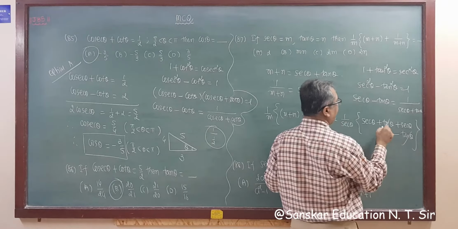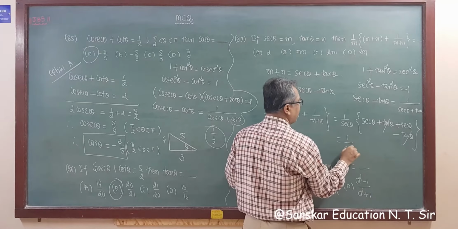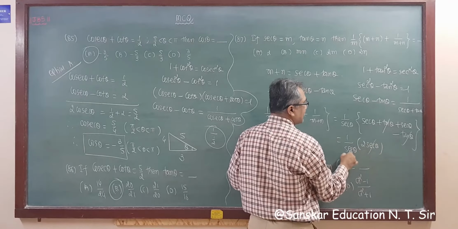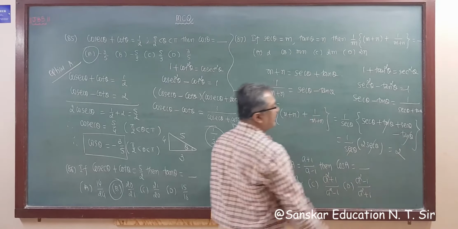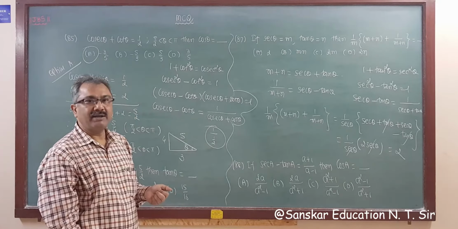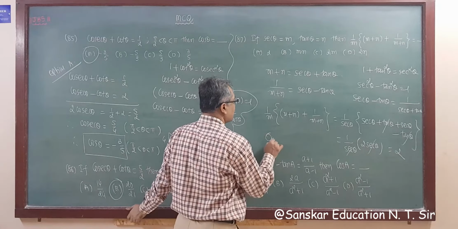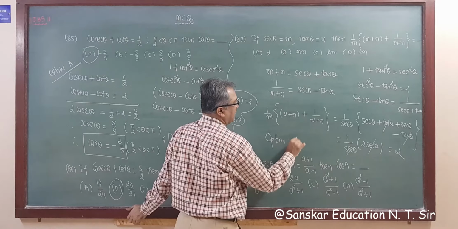This tan will be cut. So the answer is 1 upon sec theta into 2 times sec theta. This sec will be cut, so the answer will be 2. That is option A, the correct answer.